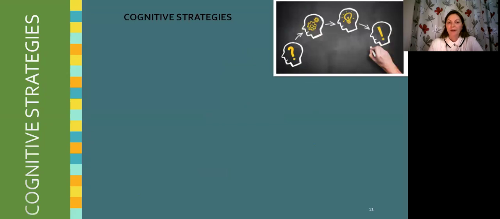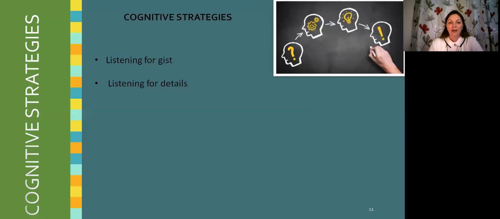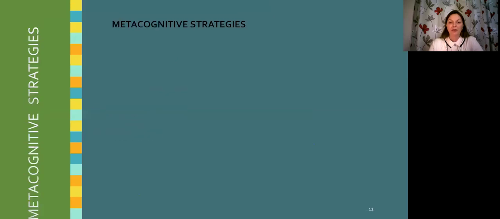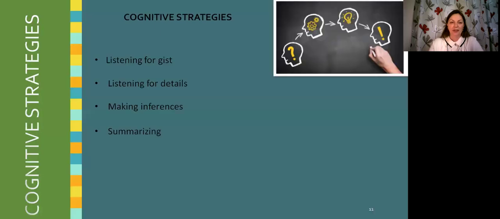Cognitive strategies are usually listening for gist, for main idea, then listening for details, making inferences, and summarizing.